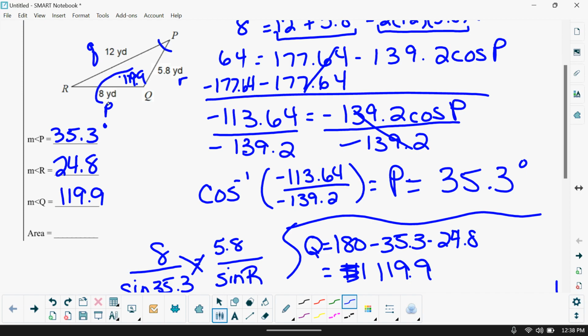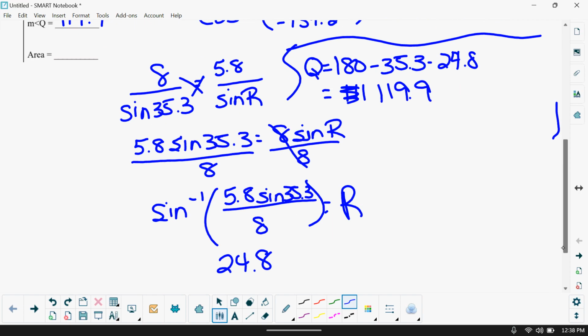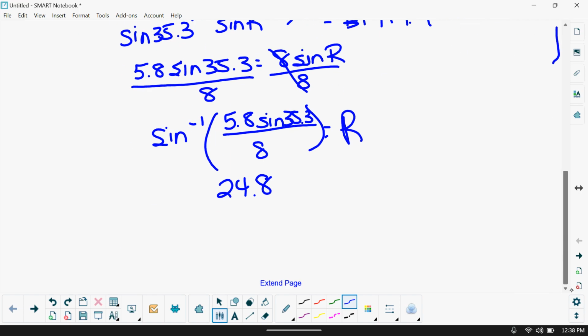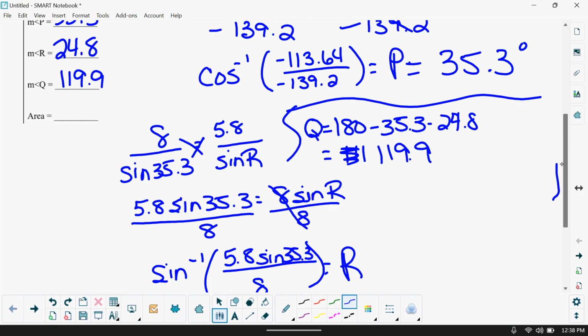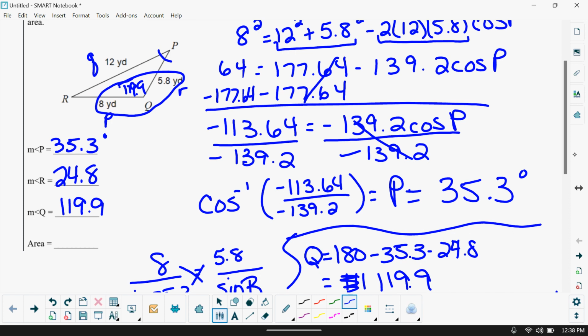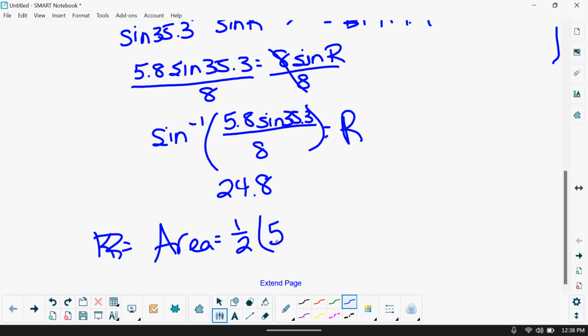So I'm going to use the area formula with 1/2. So K equals the area. How we do this. Area 1/2 times, let me go back up here, 5.8 and 8, sine, let me make sure it is sine.